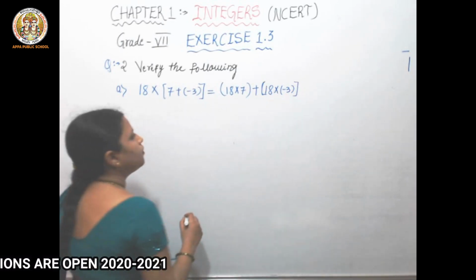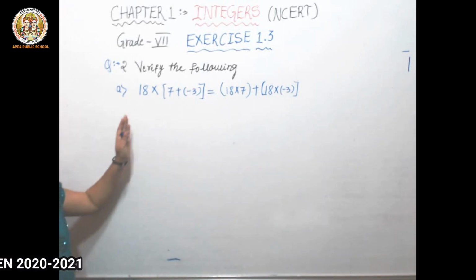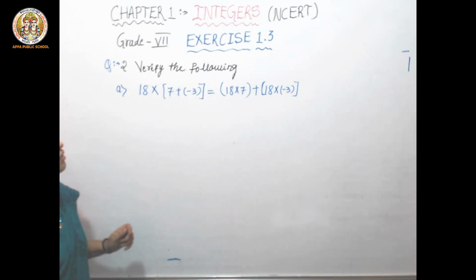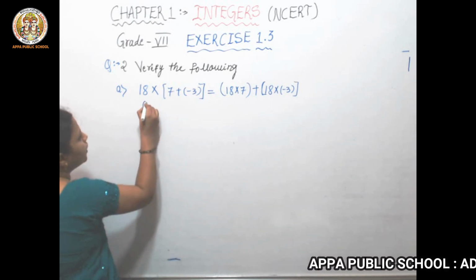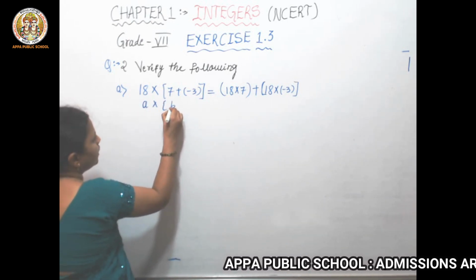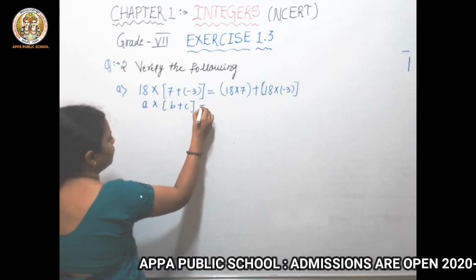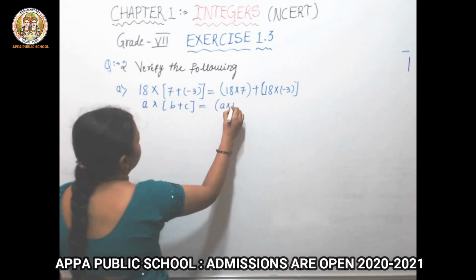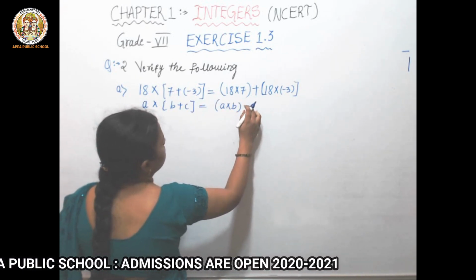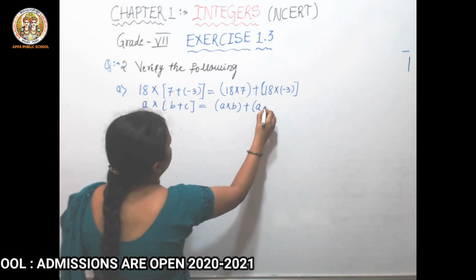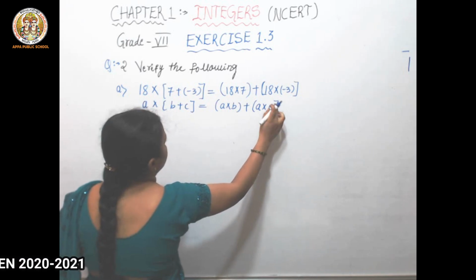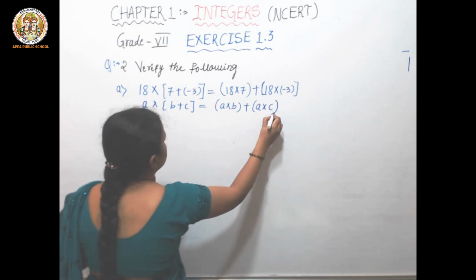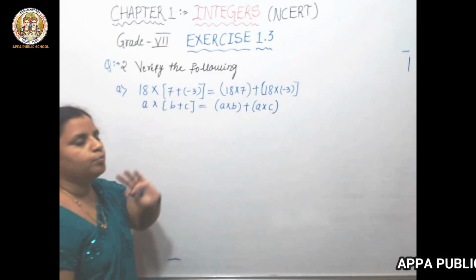So see here which property it is. By saying this only we said which property it is. It is in the form of A into B plus C is equal to A into B plus A into C. So which property is it? This is the distributive property.